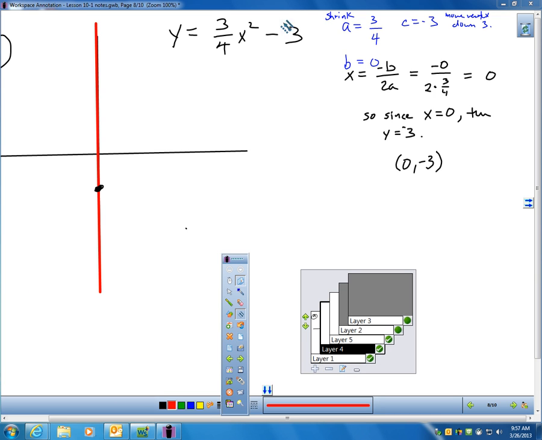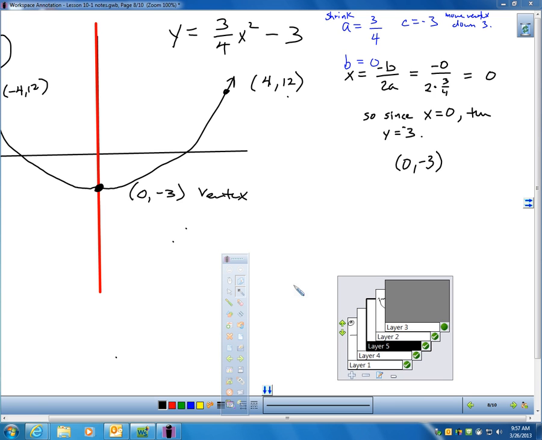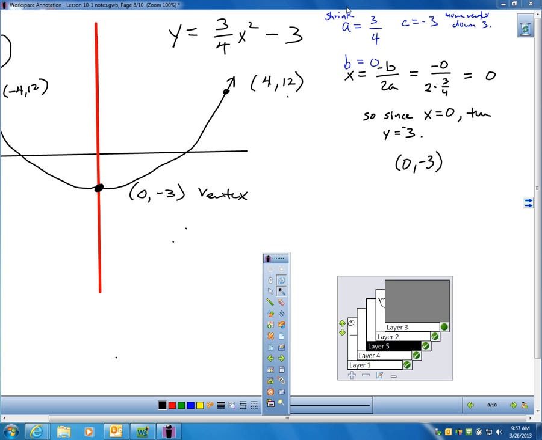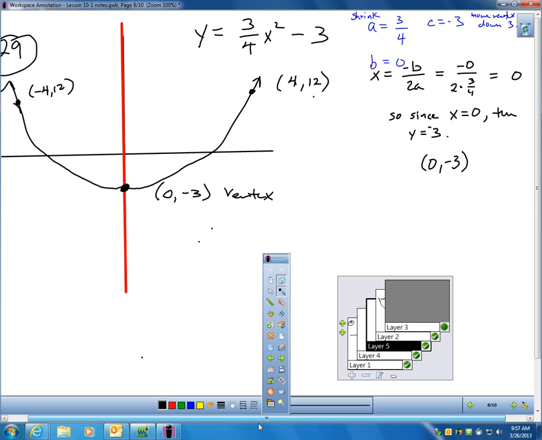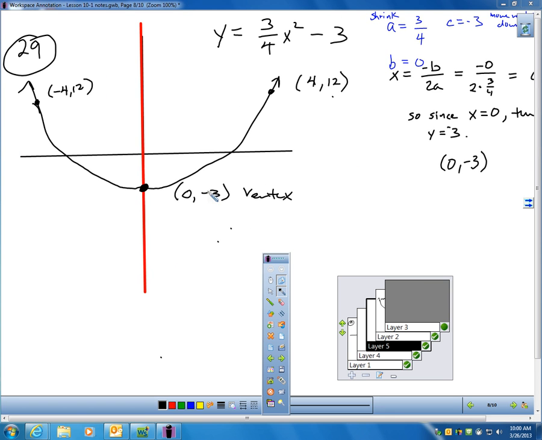Okay? Now, my vertex has been shifted 3 units down. And since my vertex is shifted 3 units down, I know my vertex is at 0, negative 3. I wrote that here. And I'll label that here in a minute. And then, since this parabola has a shrink to it, a shrink means it's opening wider.